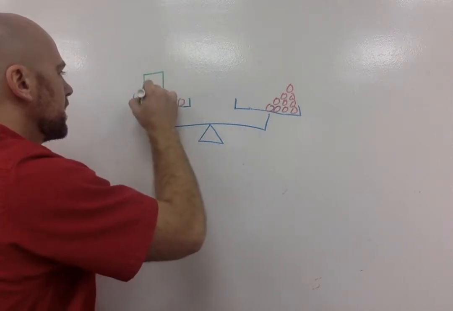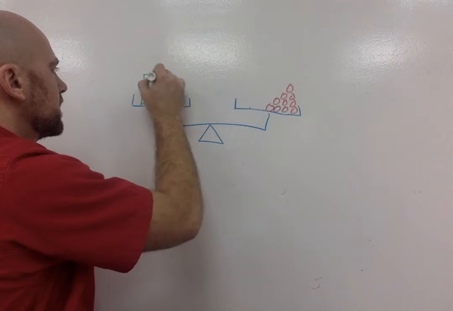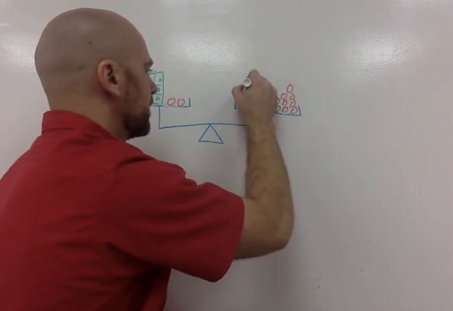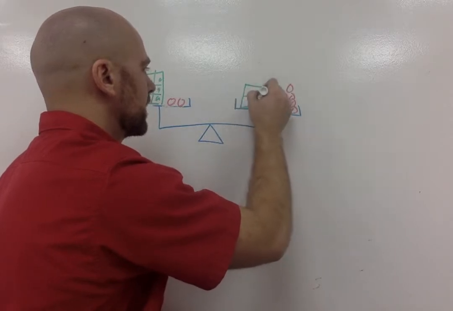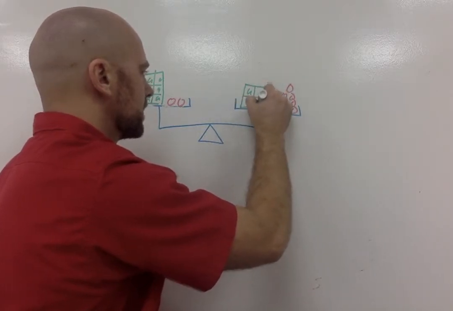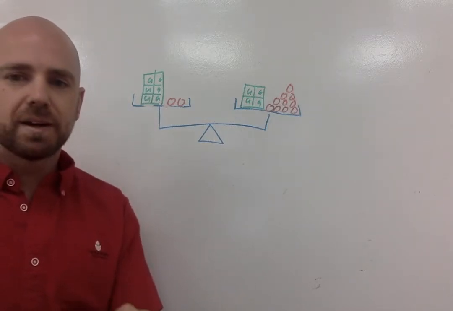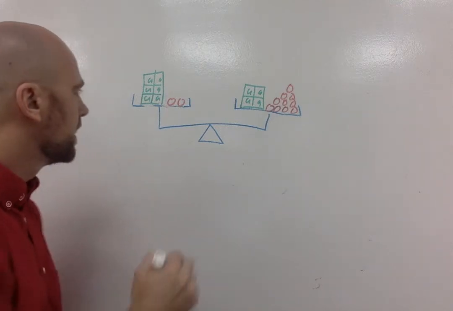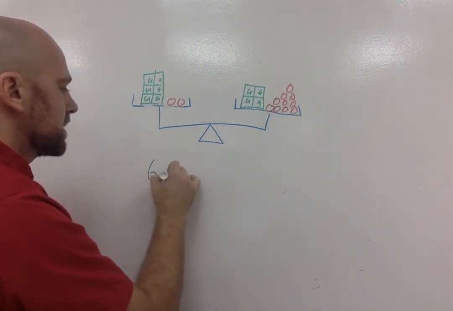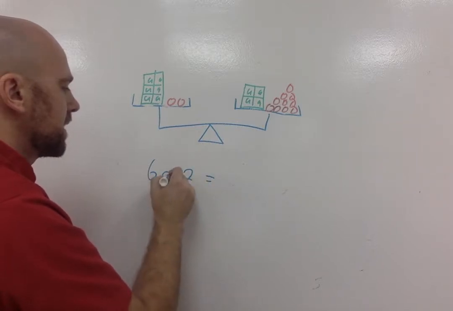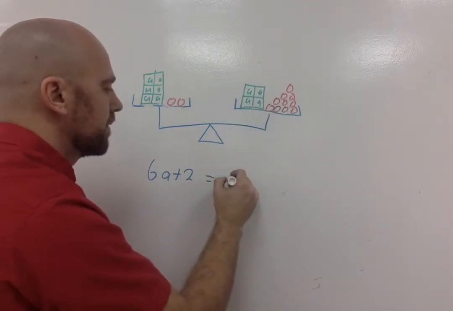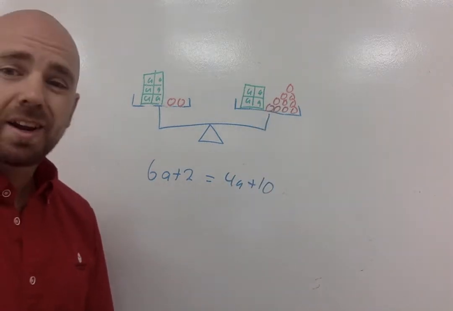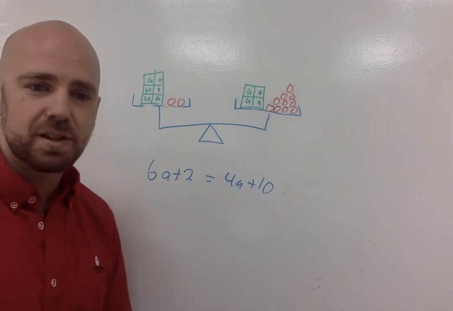We'll have 6 A's over here, and we'll have 4 A's over here. So keep in mind, the middle right here represents my equal sign. Over on this side, I'm going to have 6a plus 2 equal to 4a plus 10.